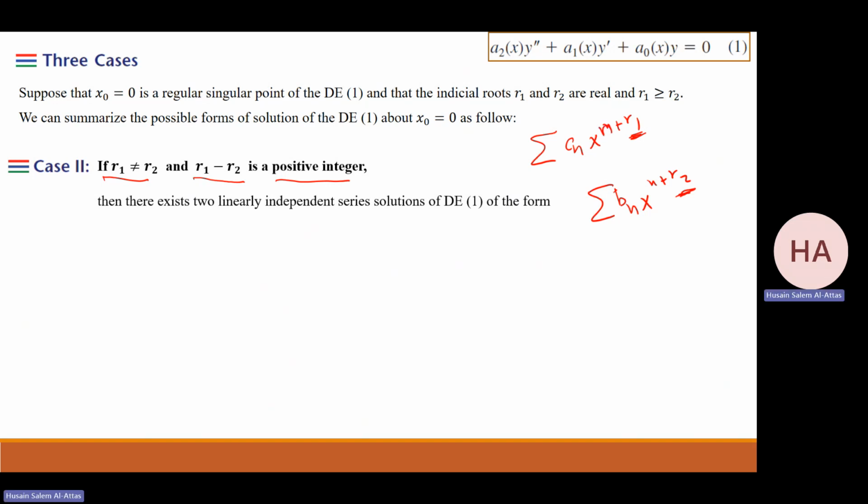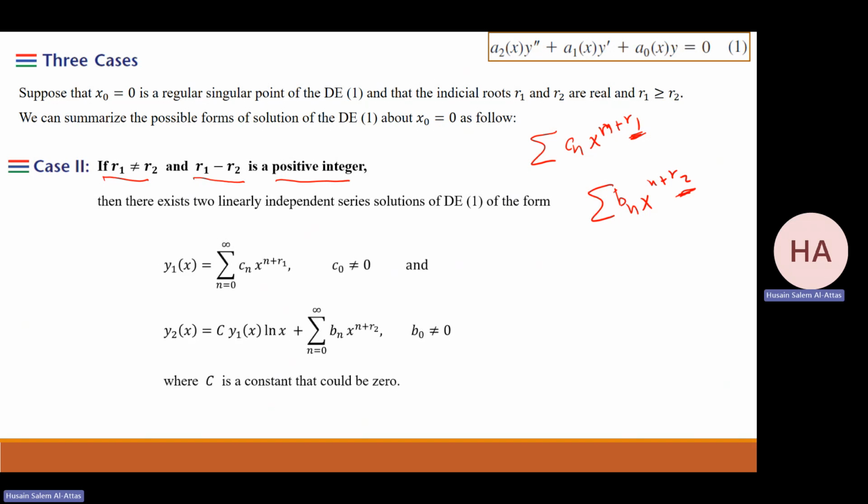there is a possibility these two are the same, because when they write the format of these two cases, they do it in this way, where they put this capital C. If these two series are not the same, then I will make this C 0, so I cancel everything, and they have like case 1.